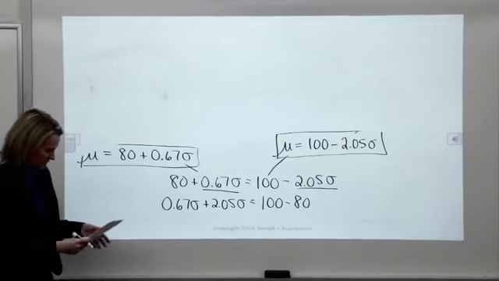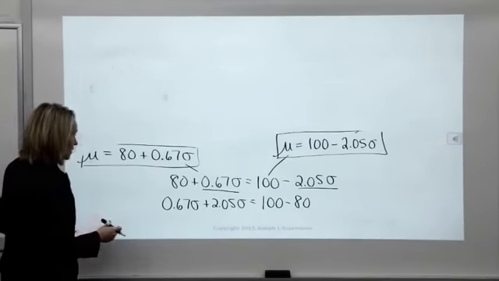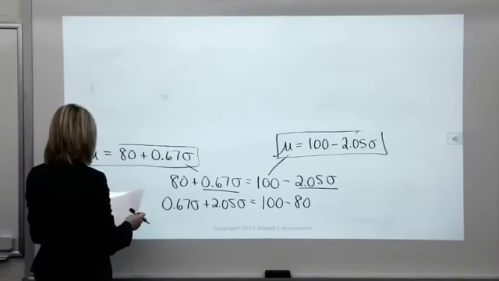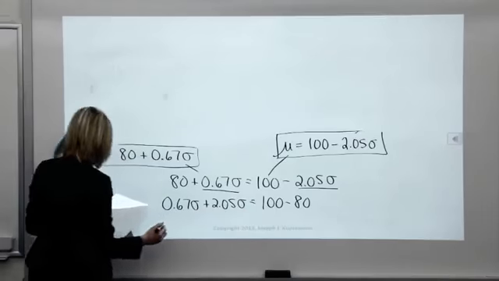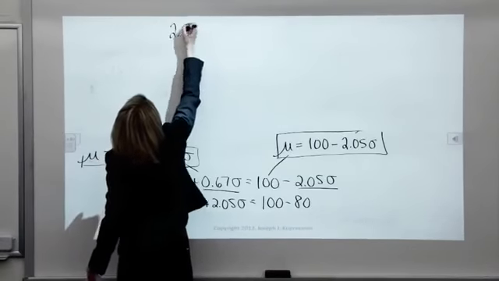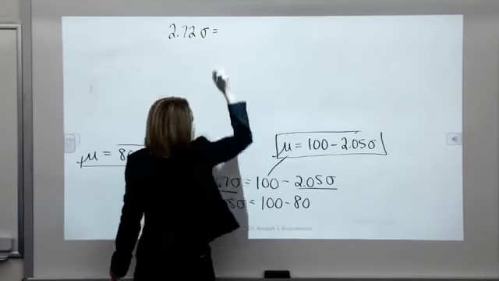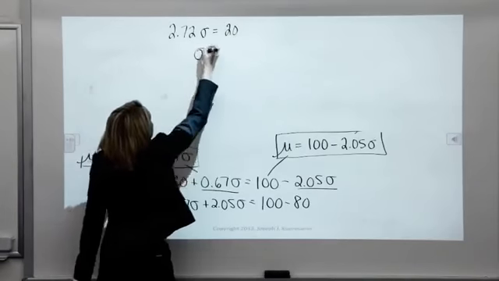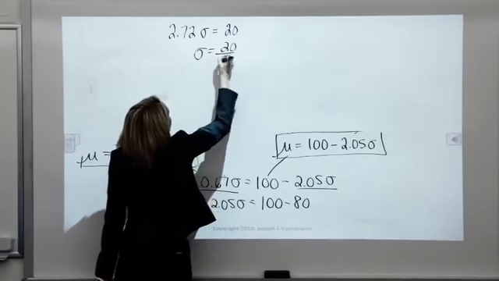If we add these together, just checking my math, we're going to get 2.72 sigma. And 100 minus 80 will have 20. And divide both sides by 20.